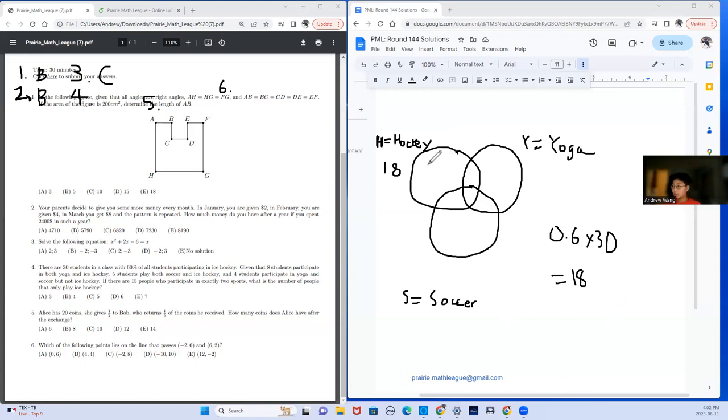Right here is where the dot is, first dot is the people who play only ice hockey, since all students have to at least play one. And over here is the people who only do yoga. And then down here would be the people who only do soccer.